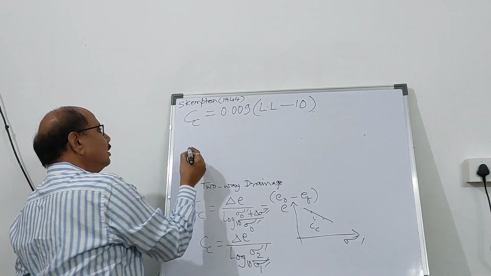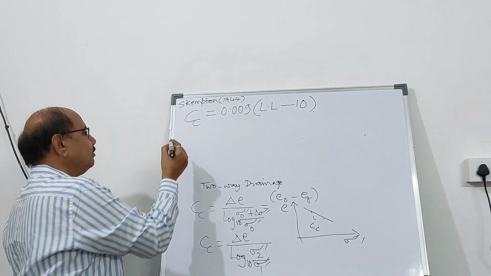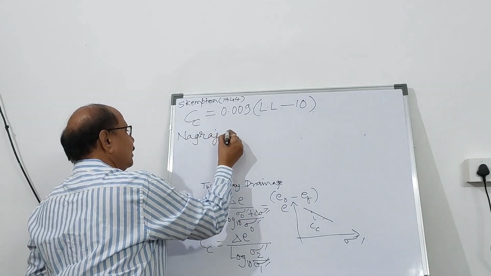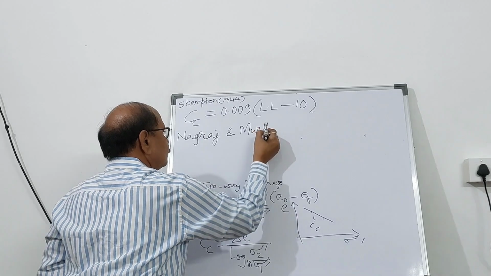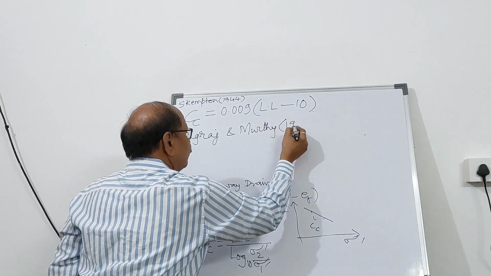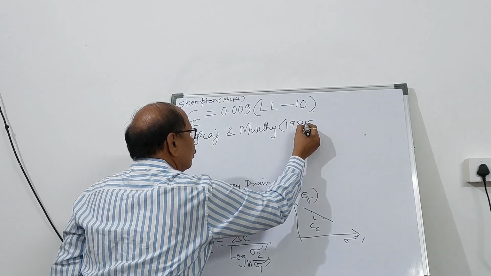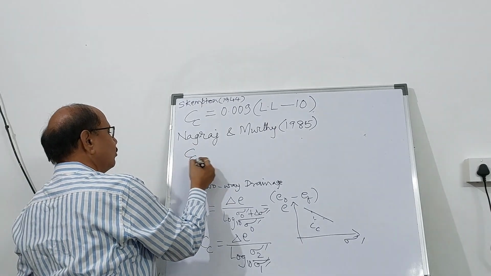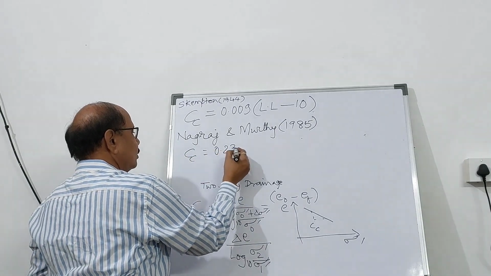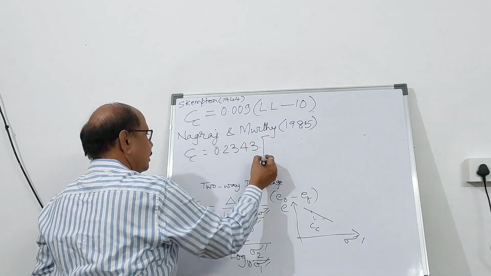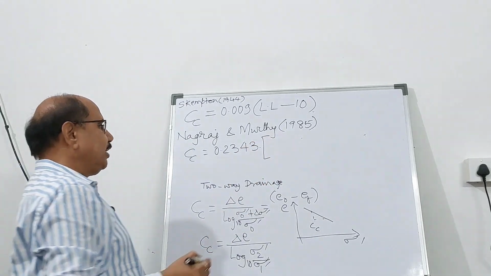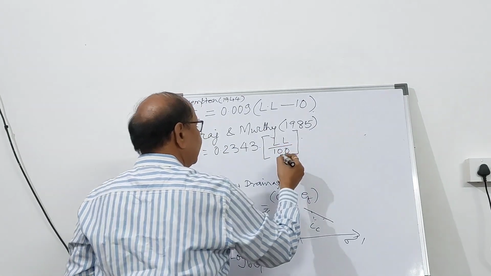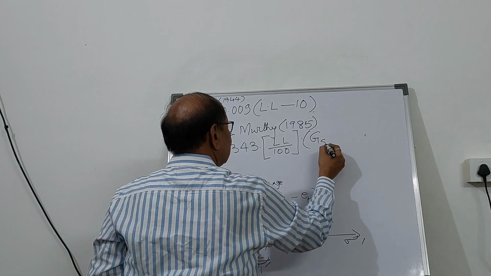Also, later on, in the year 1985, Nagaraj and Murthy of Indian Institute of Science, Bangalore, gave a very simple relationship where Cc can be calculated as 0.2343 into liquid limit in percent divided by 100 into specific gravity.